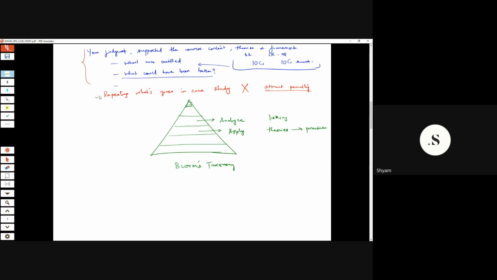Therefore, do not type what is already given in the case study. Do read the case study once or twice. Read the questions and see if any theories can be linked to the practices in the given situation. And then synthesize your answer.